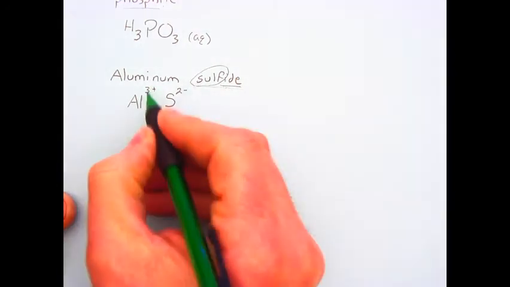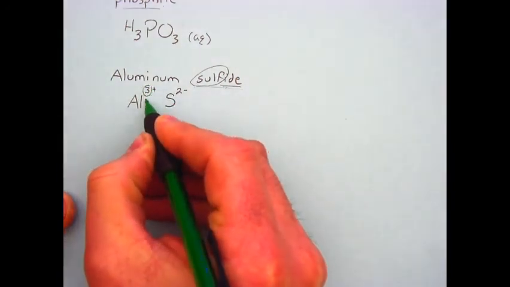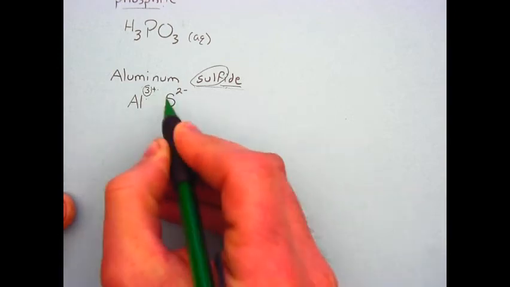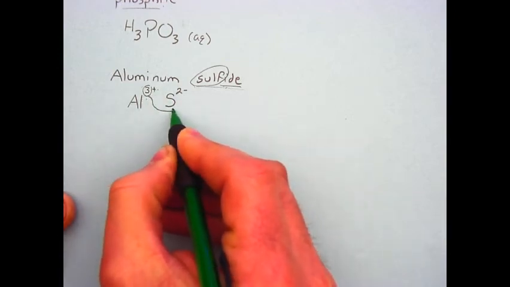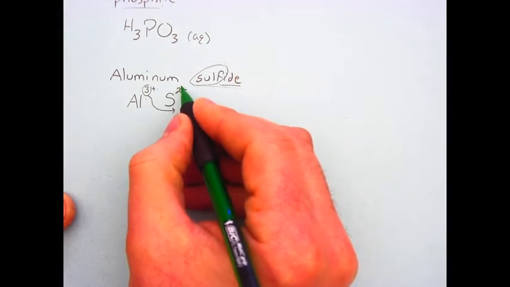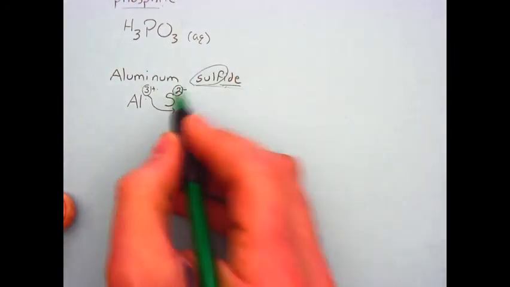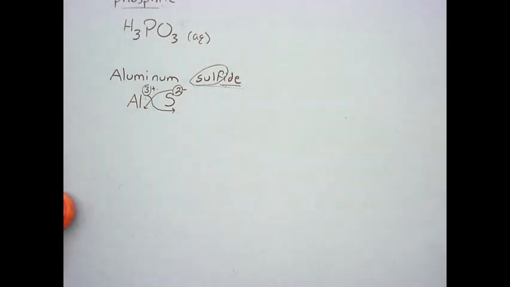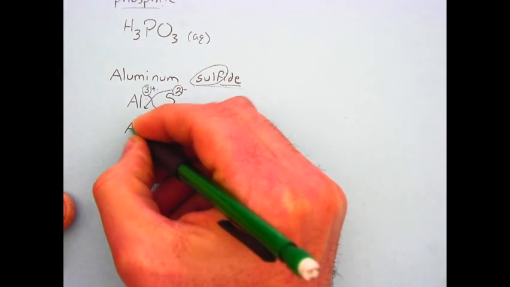What that means is the number of the charge of the cation, not the charge, but the number of the charge, will cross over, drop down, and become the subscript of the anion. And vice versa. The number of the charge of the anion will cross over, drop down, and become the subscript for the cation.